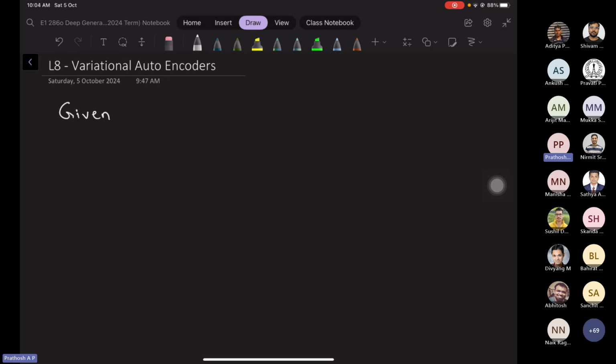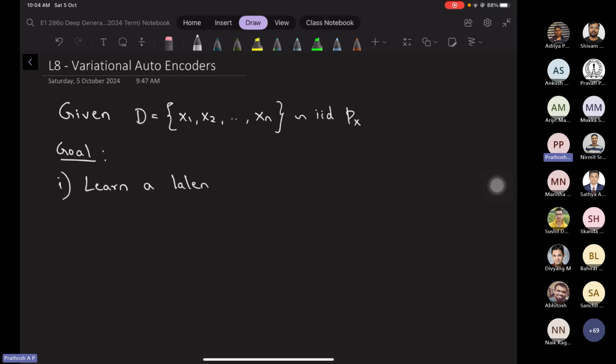Now the problem here is that, given D, which is data samples drawn IID from an unknown distribution Px, the goal is threefold. One, learn a latent variable model with unknown latent posterior.